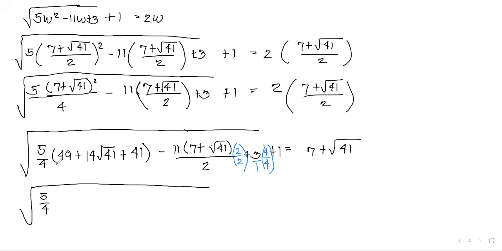49. Oops. Ayan. 49 plus 41. 49, 50. Plus 49. 90 plus 14 square root of 41. Ayan. Tapos minus 2 times, pwede natin multiply yun diyan. 2 times 11, that's 22.